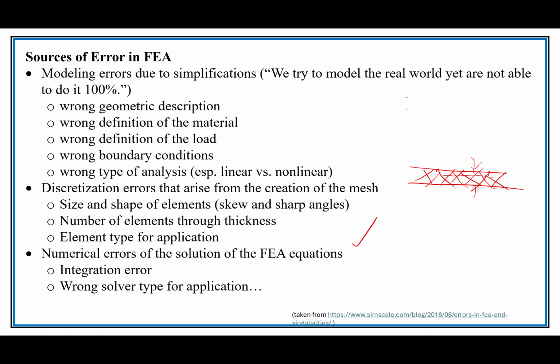There's also different solver types. You'll see there's a lot of options, and the more complex the FEA code, the more choices you have, and the more bad choices you can make.